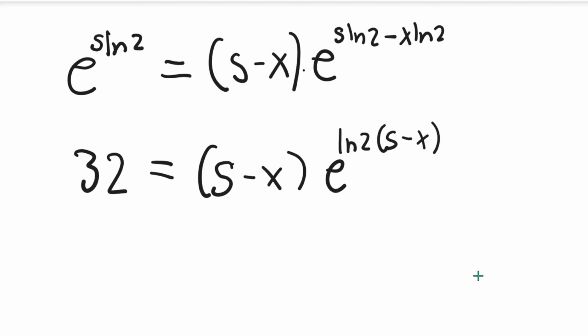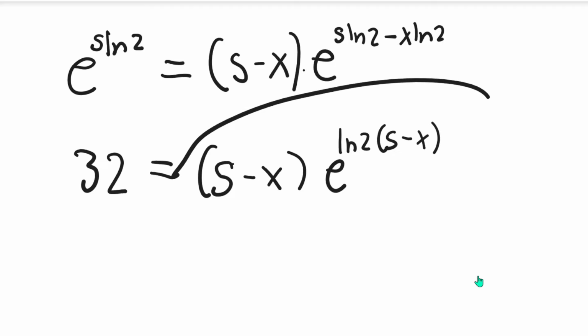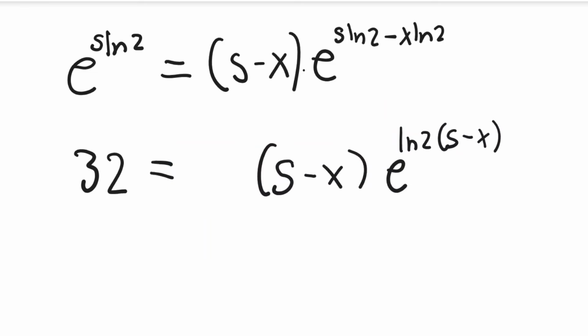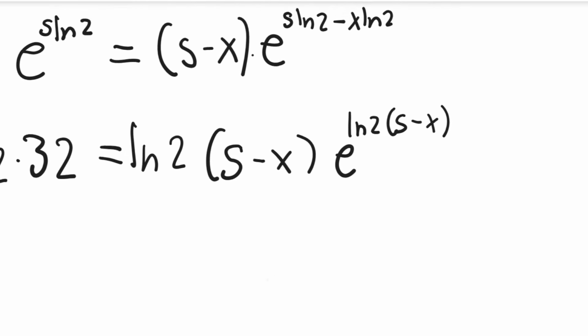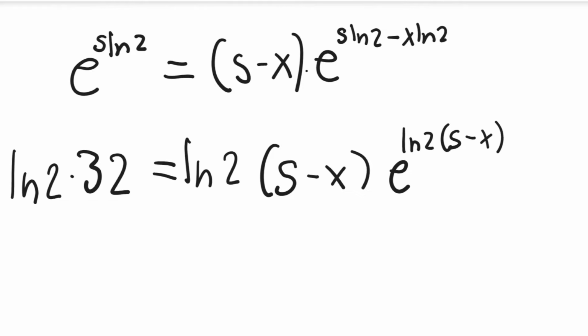Now I'm going to move all this a little bit to the right, and we can now multiply by natural logarithm of 2 on both sides. And we can already get the omega function on both sides.